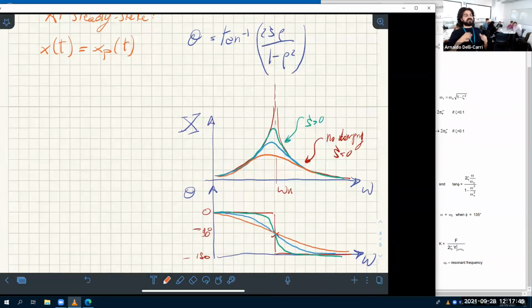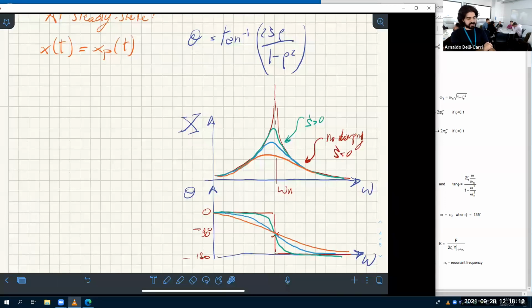Okay, so it gets easier and easier as you add damping. What can you observe here? At the natural frequency, if you force at the natural frequency, the response is 90 degrees out of phase, always. Okay?